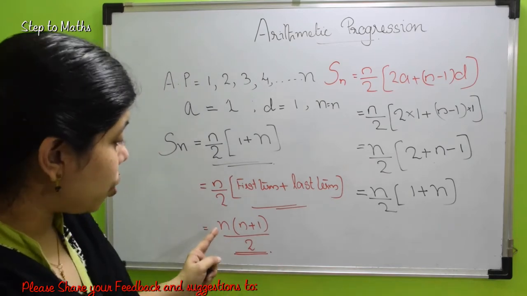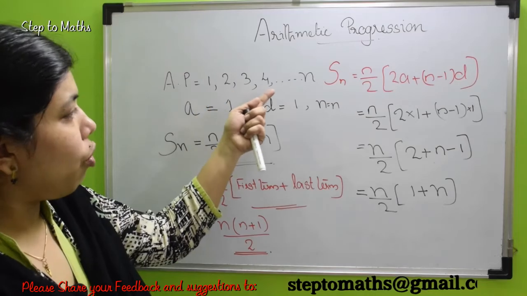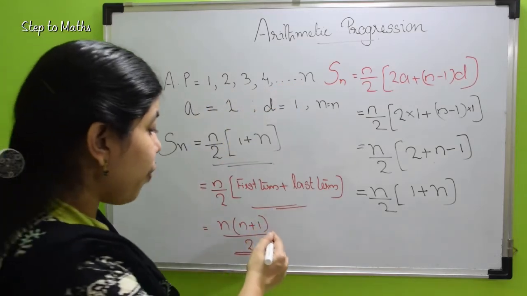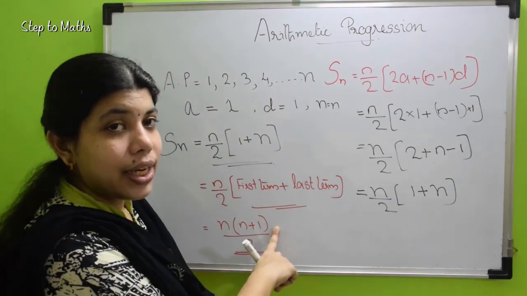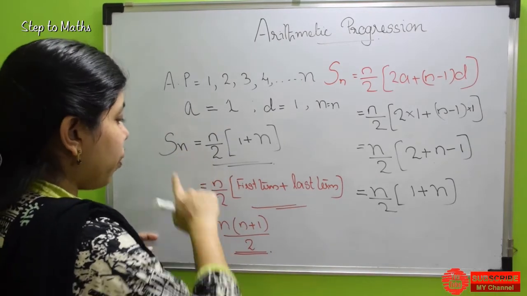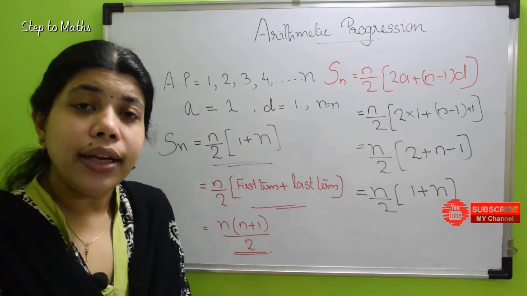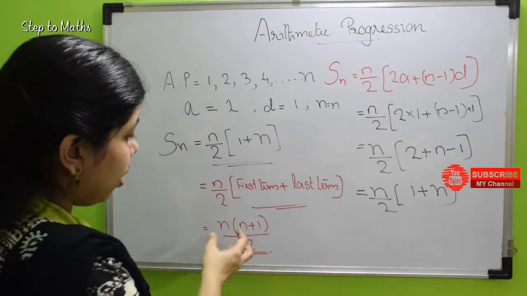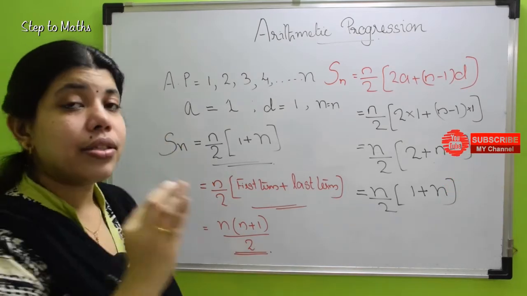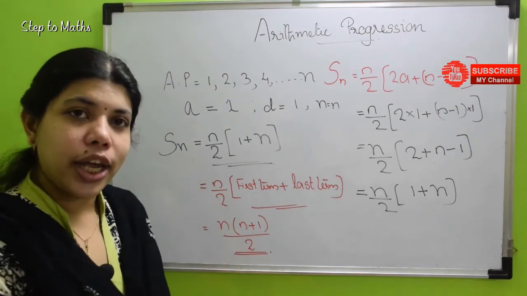If we know the equation n into n plus 1 upon 2, we can find the sum of the first n natural numbers. If n is given, directly we can substitute the value of n and find the sum of the first 10 natural numbers. In that case, the value of n is 10.